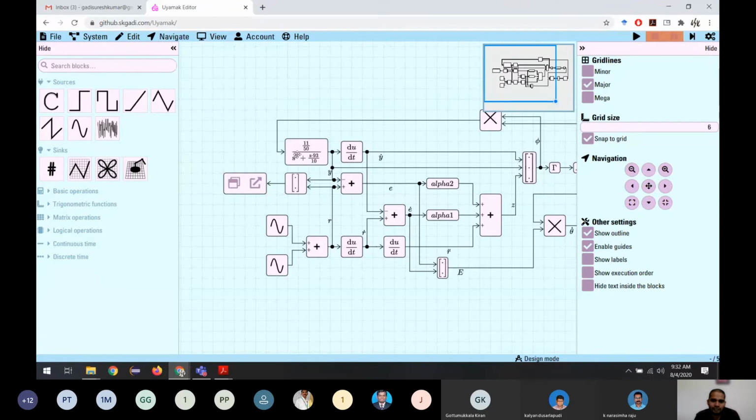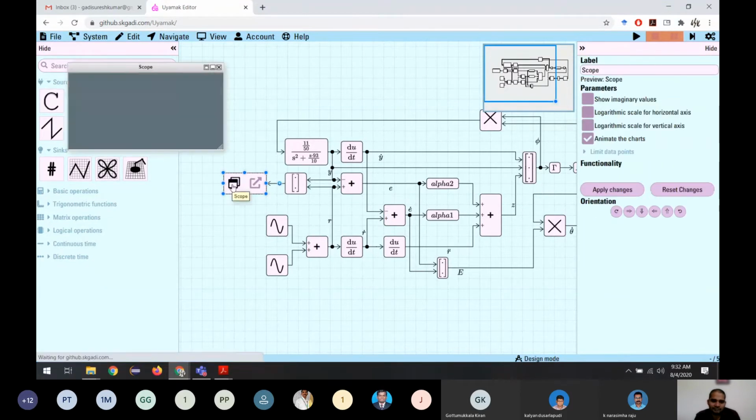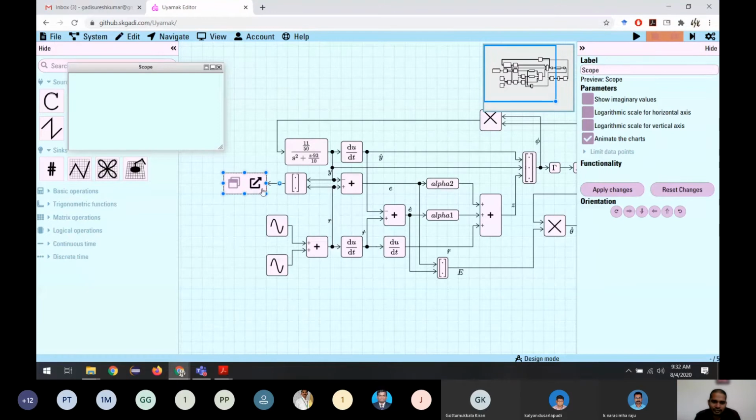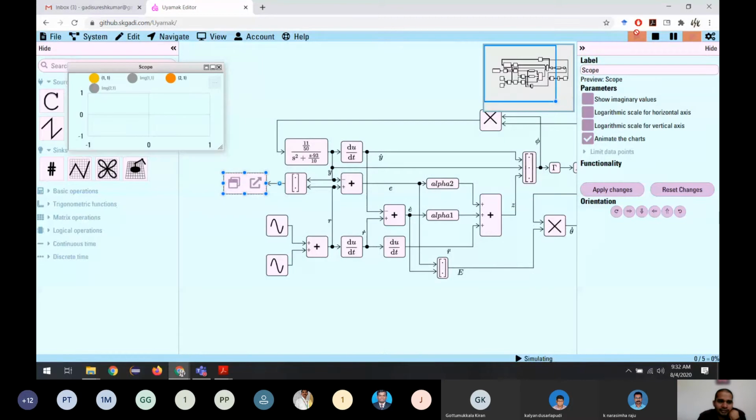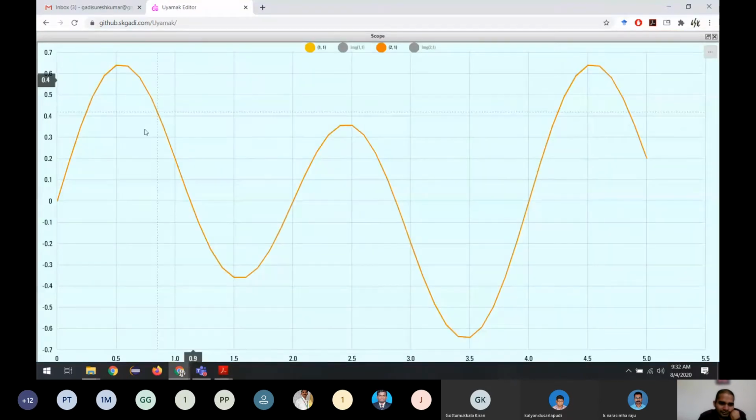U is the input to the system. We are giving the input, and if you see the results, what we expect here: this is the reference and this is the output. So we are comparing the results to see whether our system is following the track or not. We can see it is following very correctly. The results are very good.